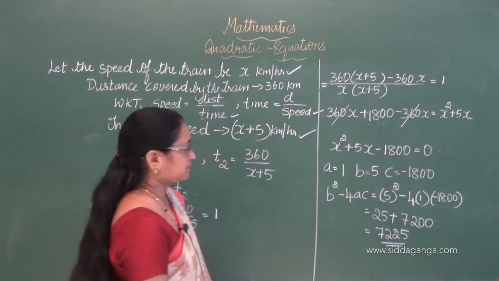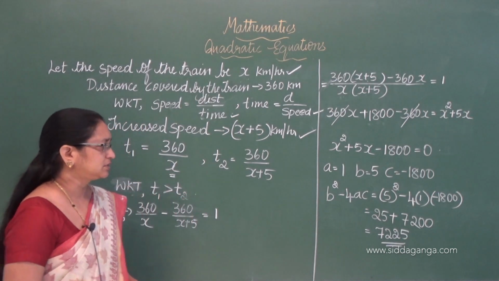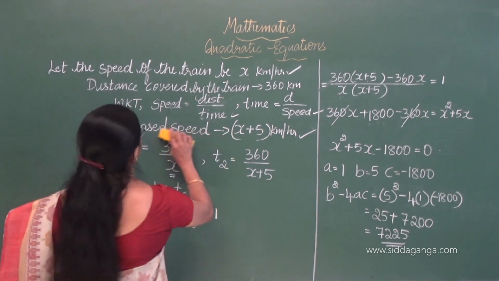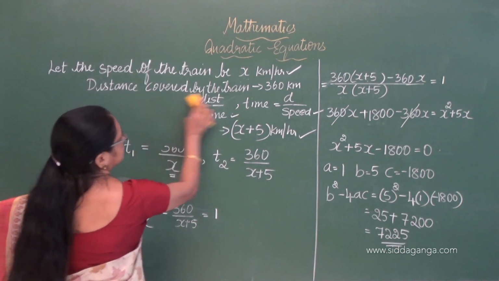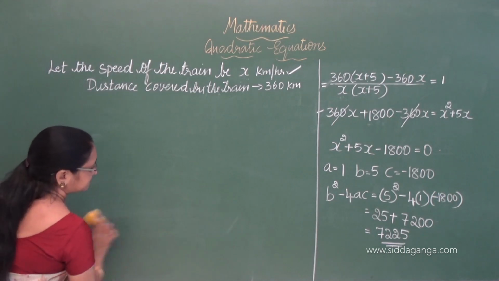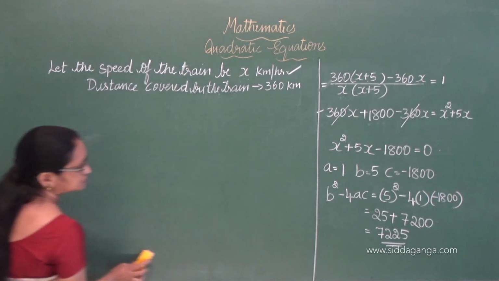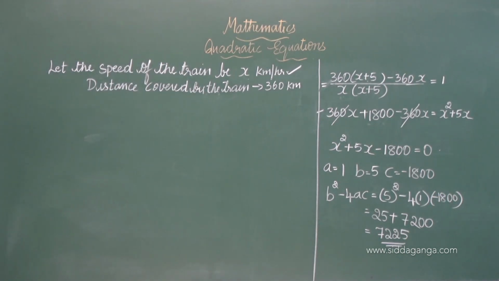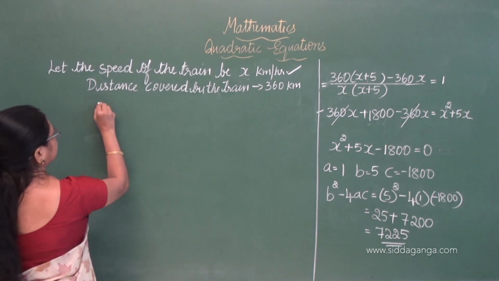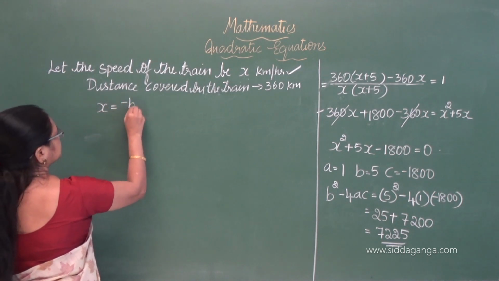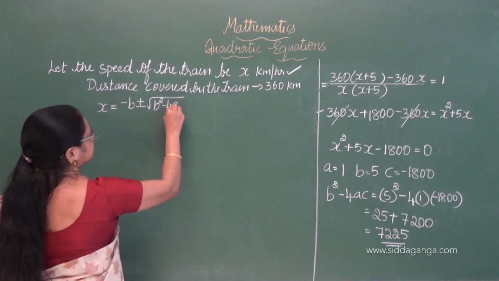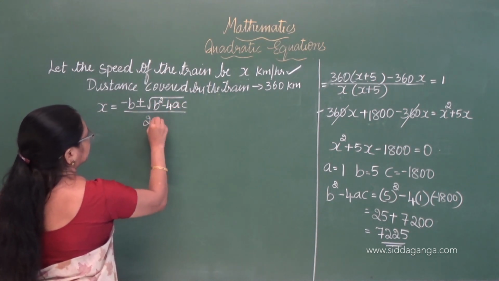B square minus 4AC we got 7225. Now let us apply the formula: x is equal to minus B plus or minus root of B square minus 4AC divided by 2A.